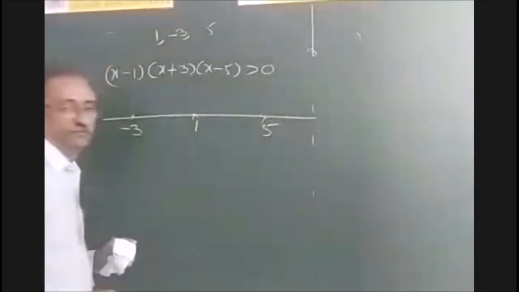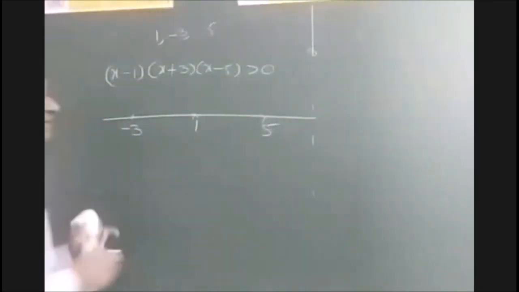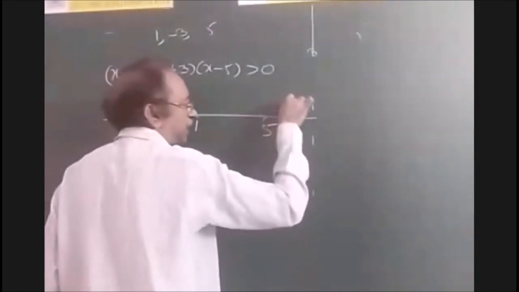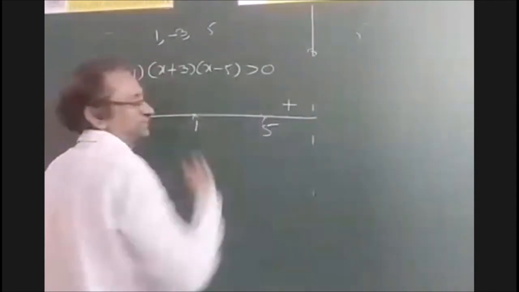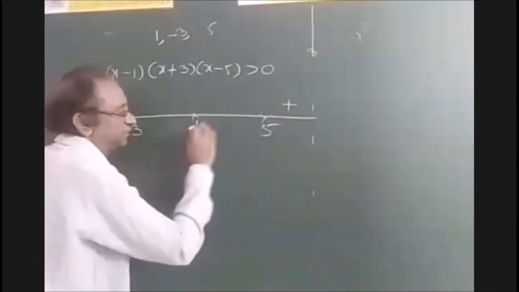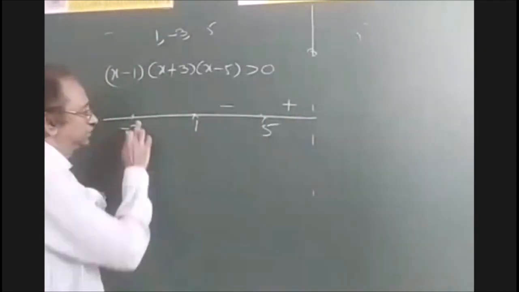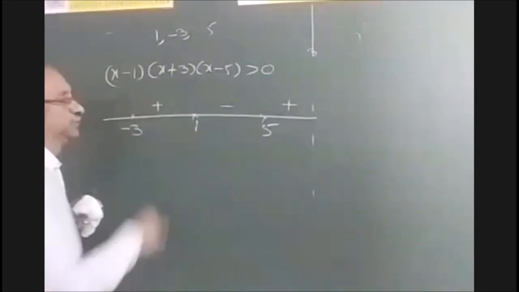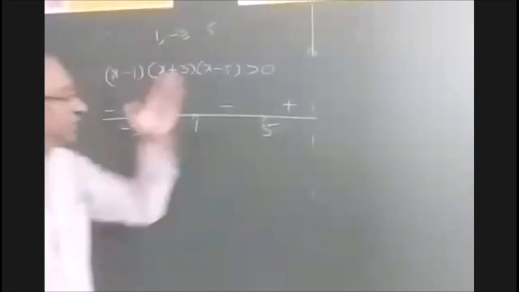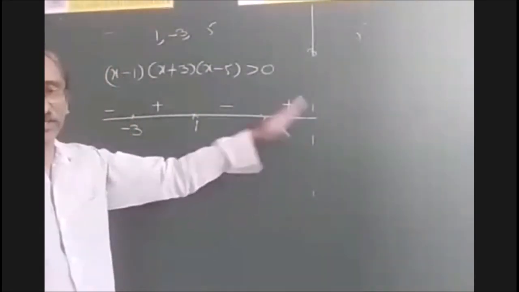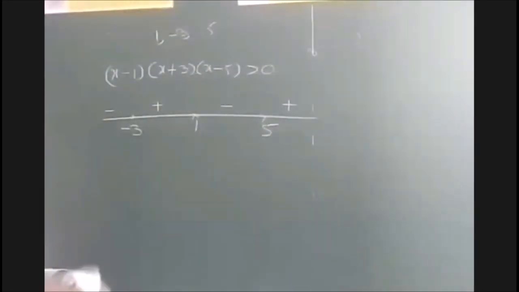So this is 5. After that, always start the right side part with plus. So after 5, put a plus here. Now in between these two numbers, put minus. In between these two numbers, put plus. And before -3, put minus again. So alternately, starting with plus here, plus, minus like this.